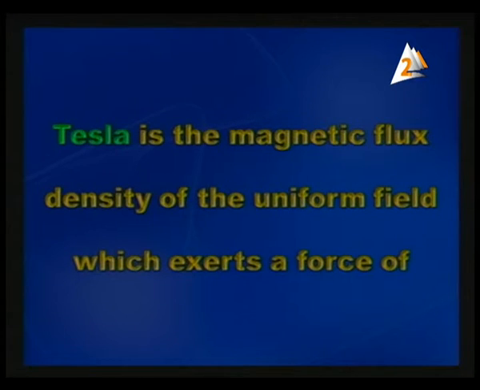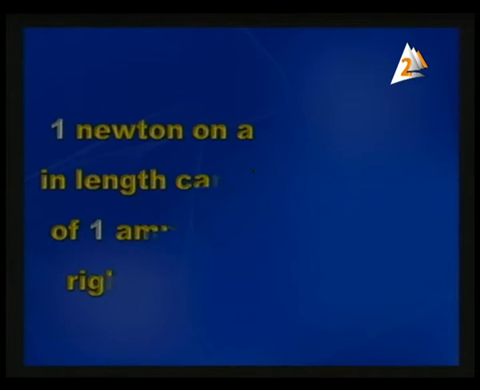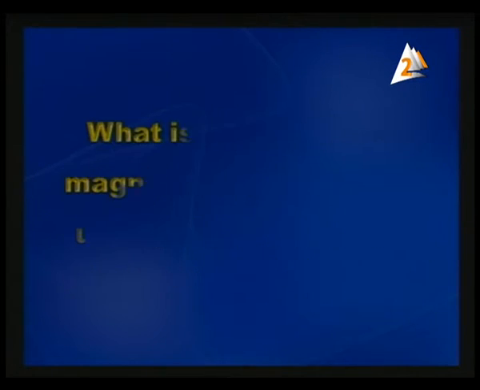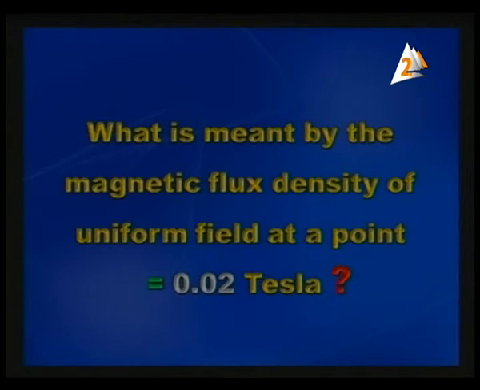So Tesla is the magnetic flux density of the uniform magnetic field which exerts a force of 1 Newton on a wire 1 meter in length, carrying a current of 1 ampere and placed at right angles to the field.